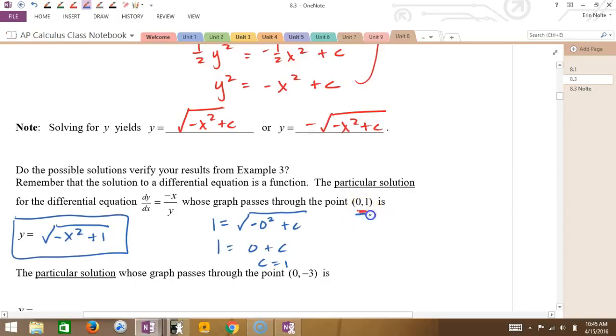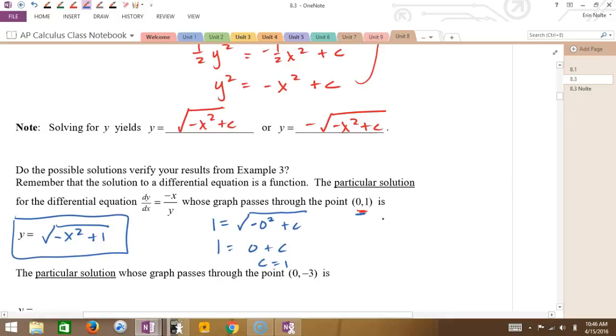Because it's in the point 0, 1. And it's not plus or minus. You can't use plus or minus, because it would be impossible for the negative square root to equal a positive 1.